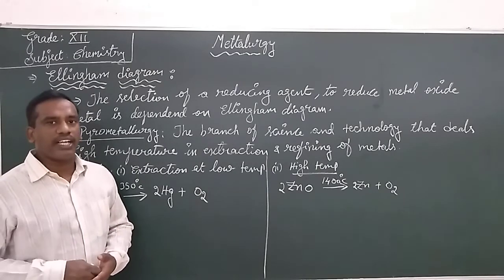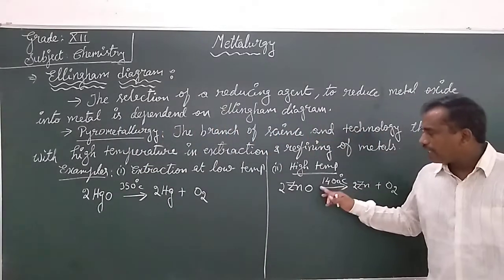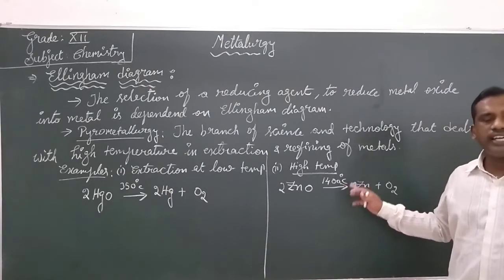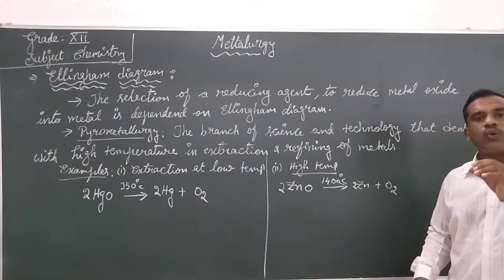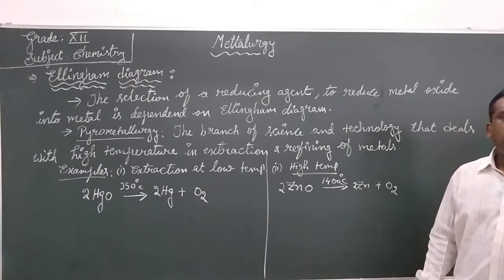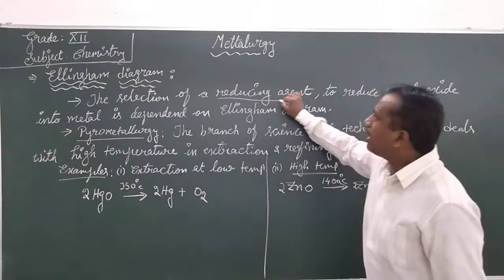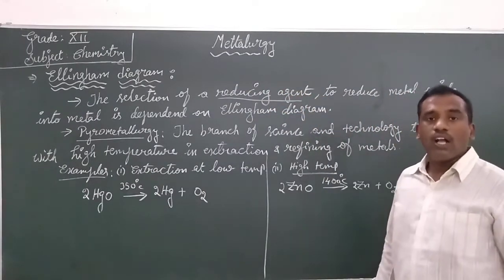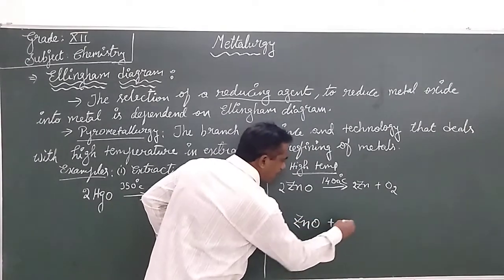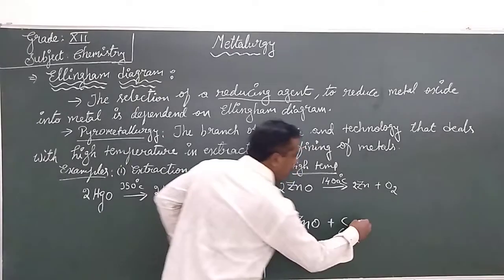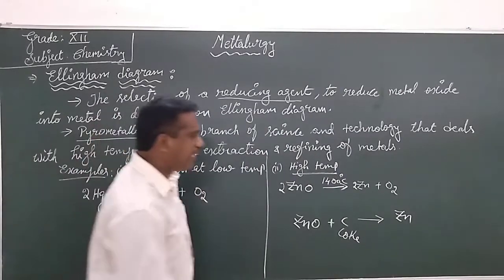So what we are doing is, we are making our reaction, the one used at high temperature for decomposing zinc oxide to zinc, happen at a very low temperature by introducing a reducing agent, like coke. In the last class we got the point: zinc oxide when reacted with coke gets reduced. Which is getting reduced?